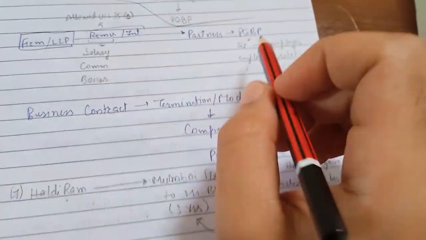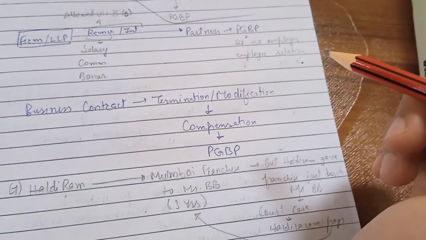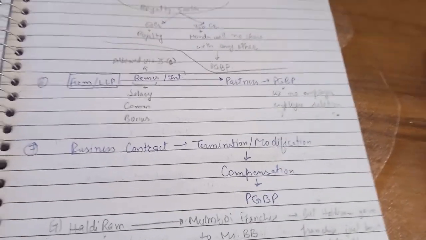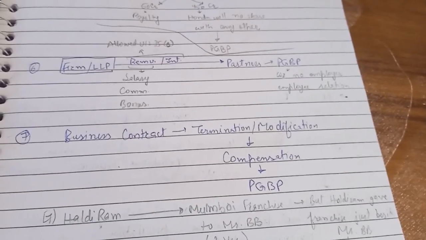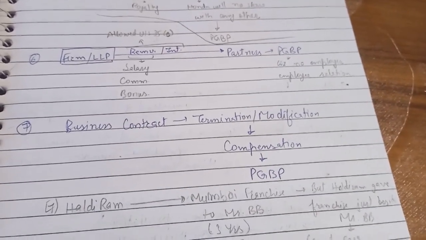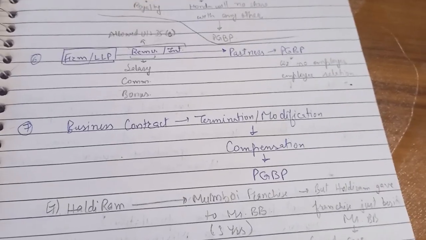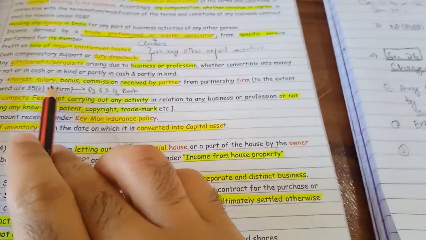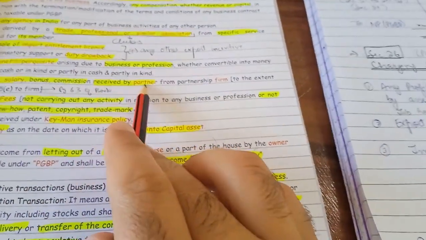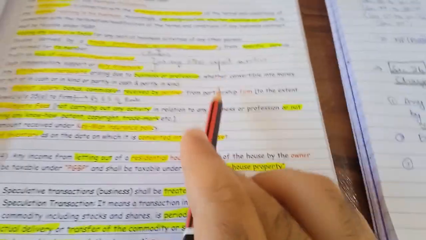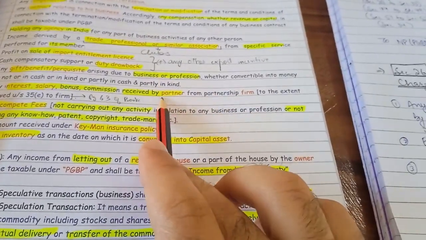And this remuneration is not paid under an employee-employer relationship, because a partner is in substance the owner of the business and not the employee of the business. So this income, whether by way of interest, salary, bonus, or commission, received by the partner from the partnership firm, is taxed under the head of business income for the partner.